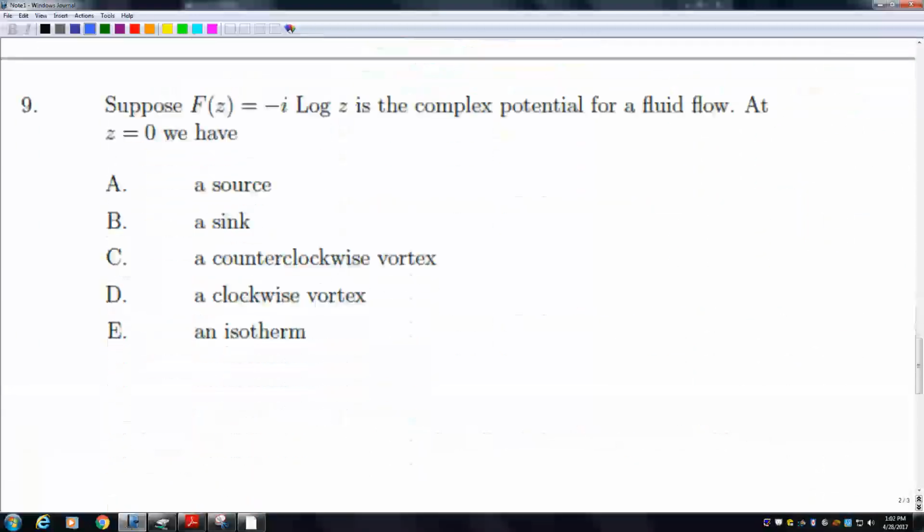One more question here on the sheet, talking again about these potentials, in this case the context of fluid flow. So let me do more than maybe I need to answer this question. So F here, again, we just did this work on the previous problem, but let me do it again. That minus i just has the role of basically swapping the real and the imaginary part, because it rotates your picture. So minus i times the log of z, we write out the definition of the complex logarithm, and I get this.